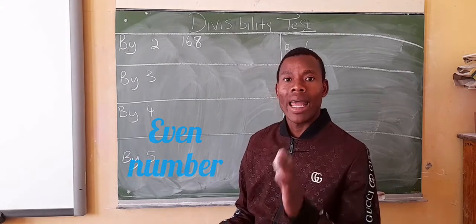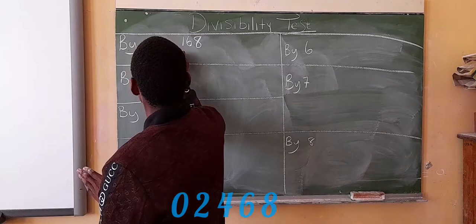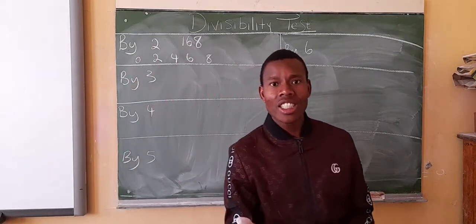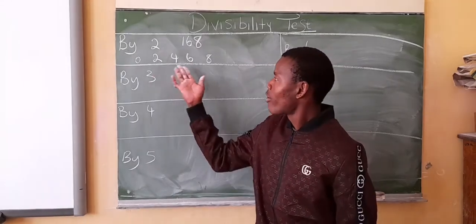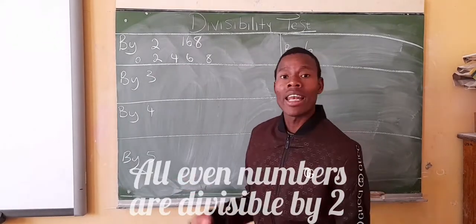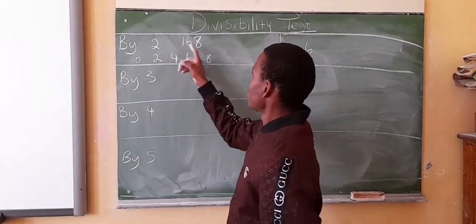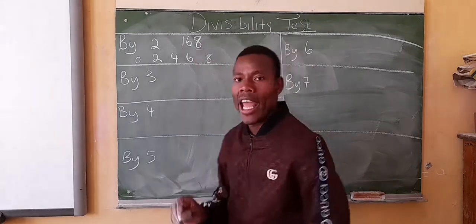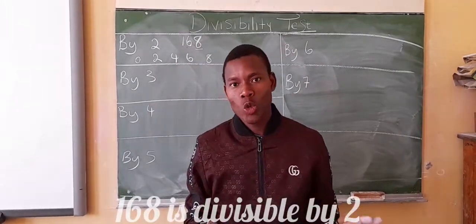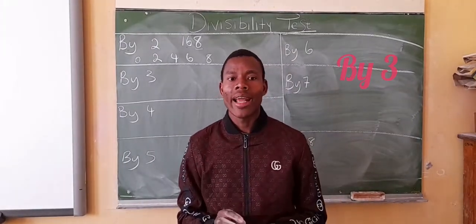An even number has a last digit of 0, 2, 4, 6, or 8. So an even number is divisible by 2. Because the last digit is 8, this number is divisible by 2.